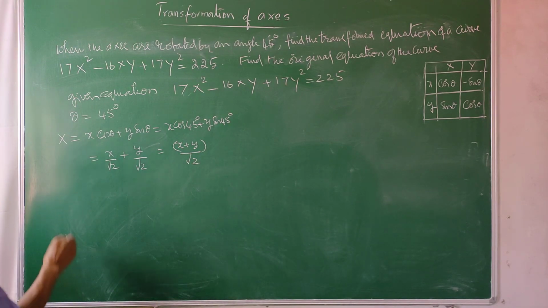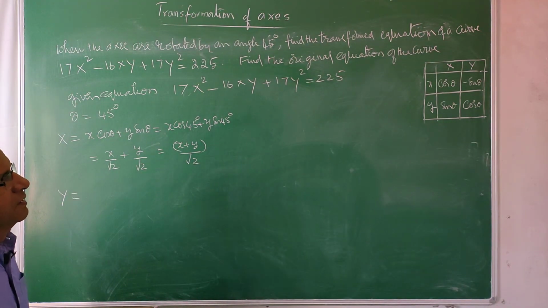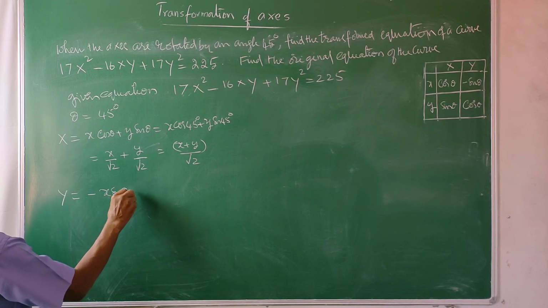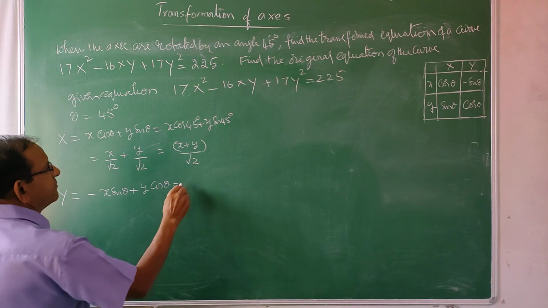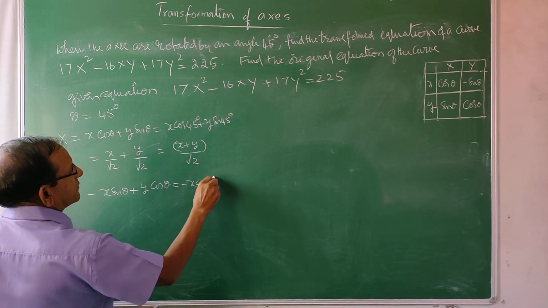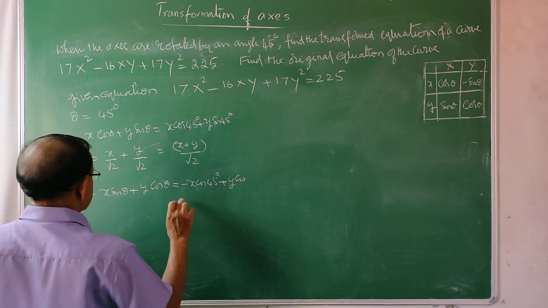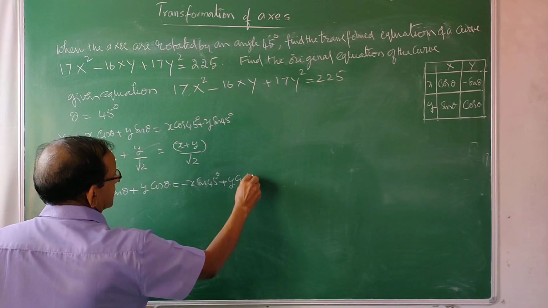Now let us find out big Y in terms of small x and small y. So big Y is equal to minus x sin theta plus y cos theta, but theta is 45, minus x cos 45 degrees plus y, this is sin 45, this is cos 45.